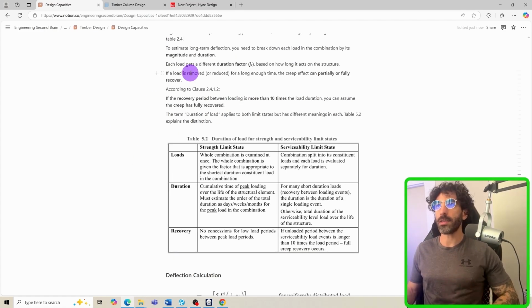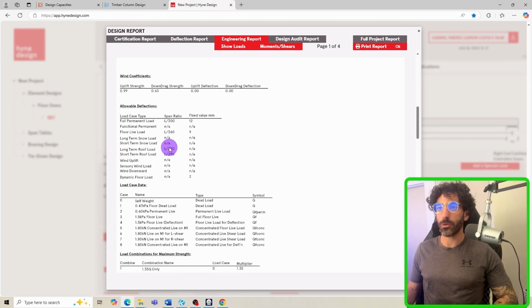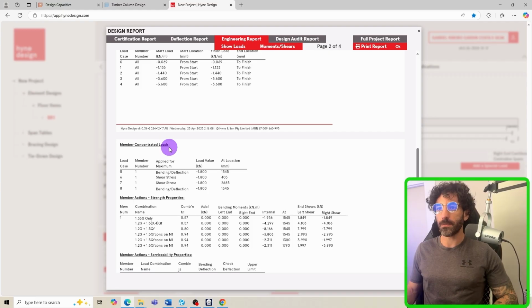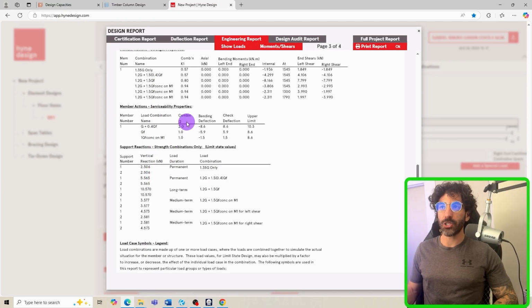Oh, and another thing that I should have shown you is that if we scroll down to the load combinations, you can see that the J2 factor is only applied to the permanent load combination, right? If we're checking deflection, that means we have to check the load combinations for serviceability.